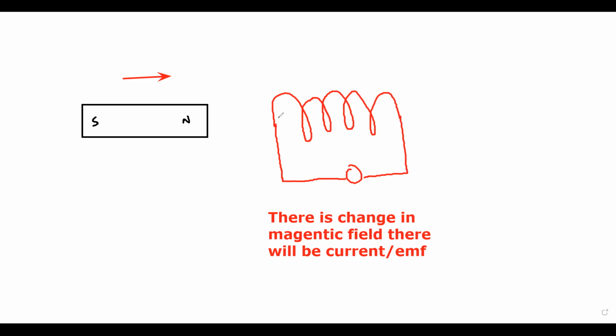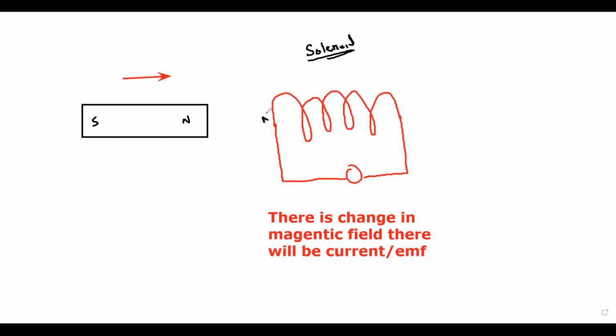Because the solenoid produces the current and that will try to oppose the change. So what pole will be induced to stop it? Which pole will be induced here? To try to stop this magnet from moving towards, it will try to oppose the change.